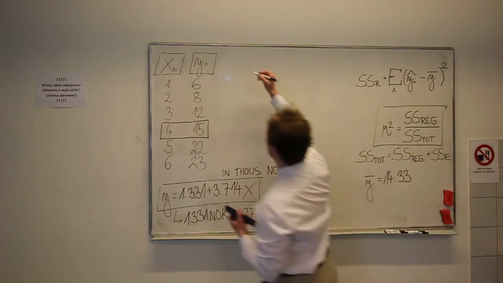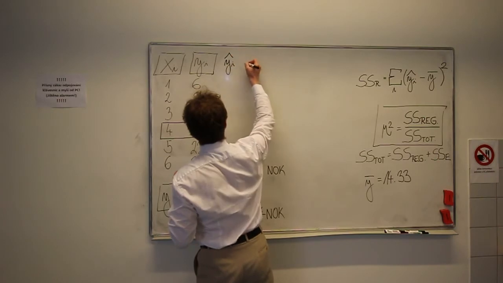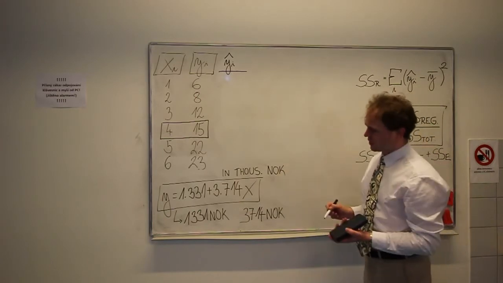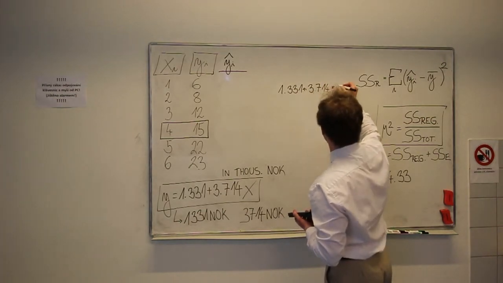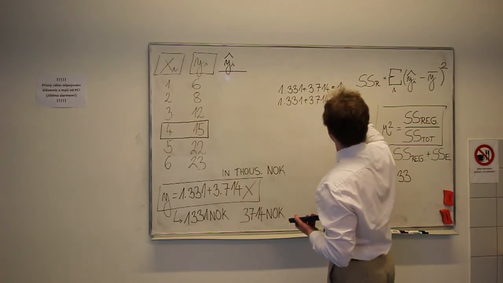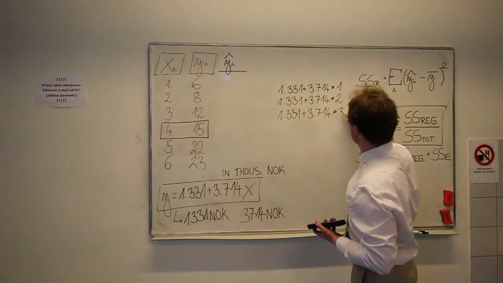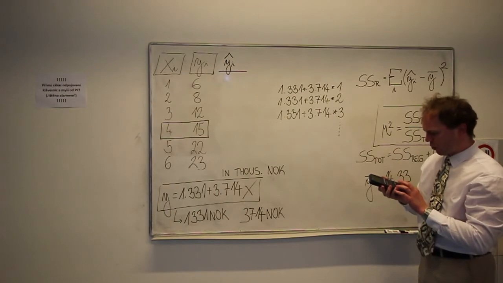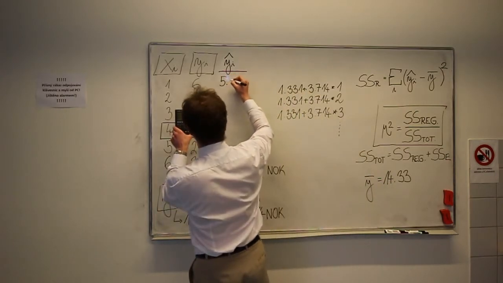So, we need to fit the data, y estimate, and we will calculate these values using this function: 1.331 plus 3.714 times 1, 1.331 plus 3.714 times 2, 1.331 plus 3.714 times 3, etc. So we will calculate 6 values. 1.331 plus 3.714 times 1 is 5.05.